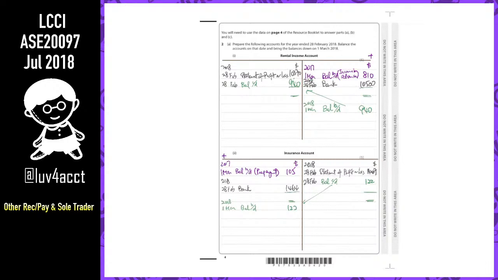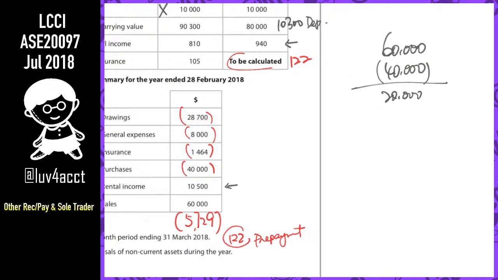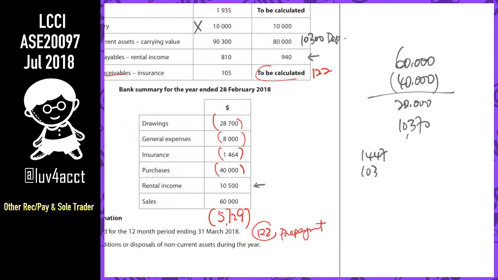This is insurance. Rental income 10370, and then expenses 1447, 10300 for depreciation. General expenses 8000.